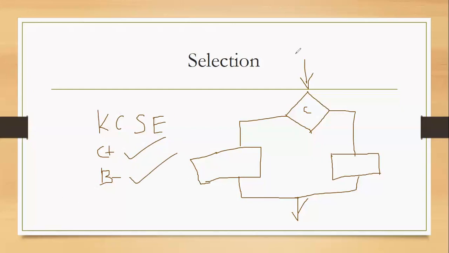So the program will come from maybe you enroll for KCSE, you do KCSE, but then the results will come out. When the results come out, the first condition we will check is whether you are a girl or a boy.